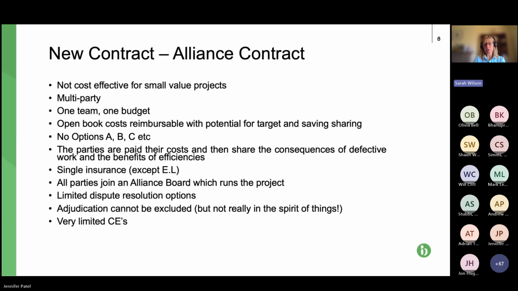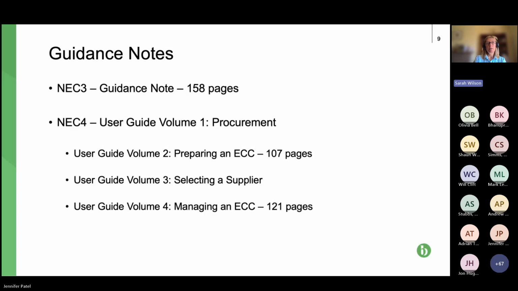And very much a collaborative contract, so it'll be interesting to see how well that's used and when it is used. For the reasons that I've stated, I don't think it will be used on your standard value contracts. So if we can move on to the next slide, please, Jen.